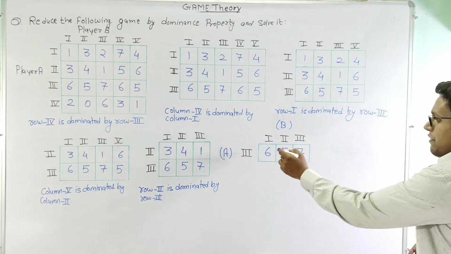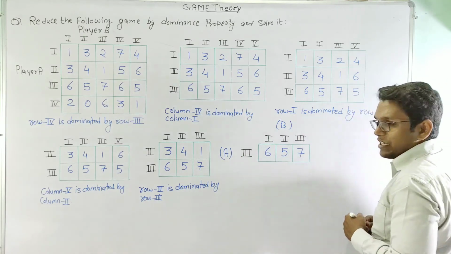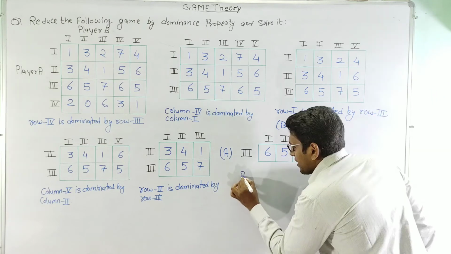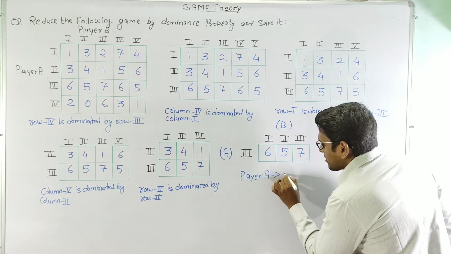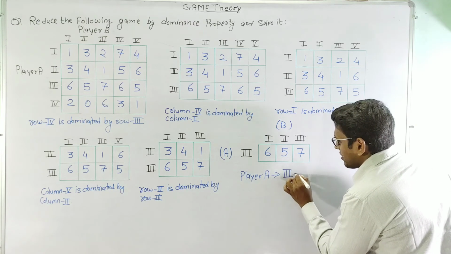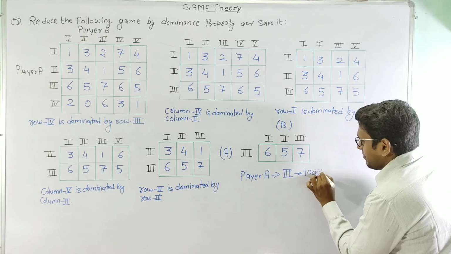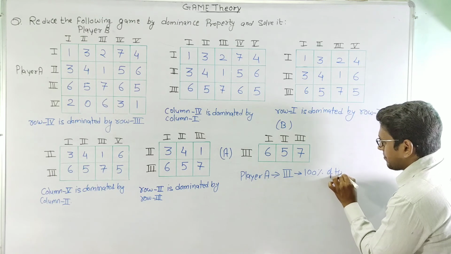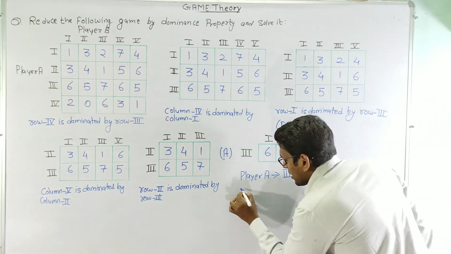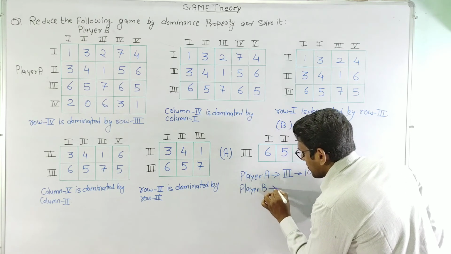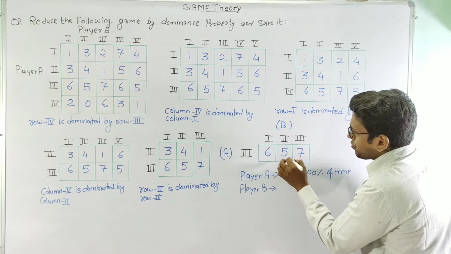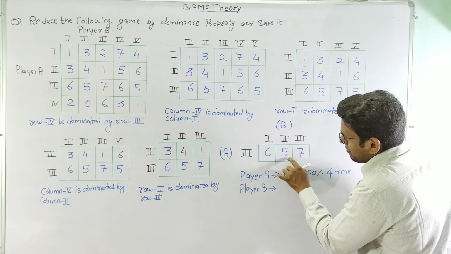So here after this step, it is almost certain player A will play strategy 3 100% of time, and player B will play strategy 2 because 2 will give him the minimum loss.